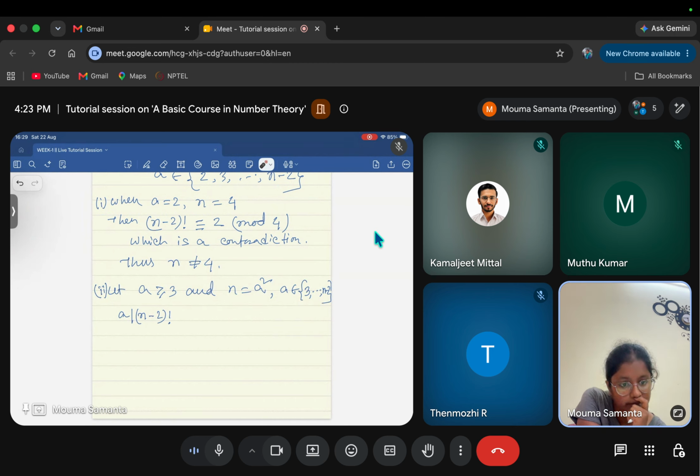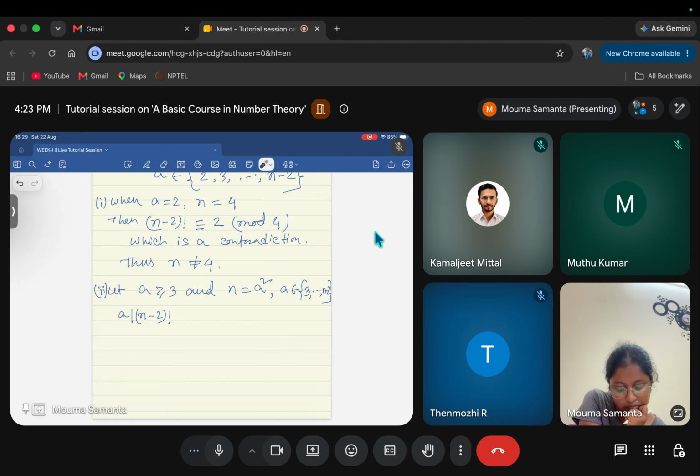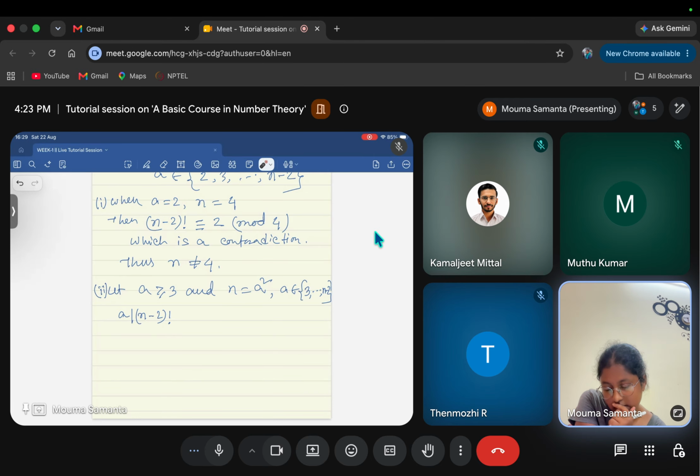Can we find? Ma'am, n minus 2 itself will divide n minus 2 factorial. Yes, n minus 2 always divides n minus 2 factorial.